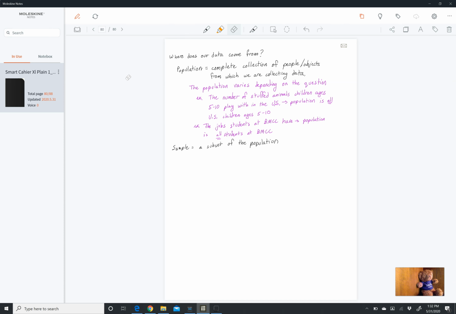We want to make sure that we have a sample that's representative of the population. So a good sample, and this is really important, a good sample should be representative of the population, and typically we use a random sample.